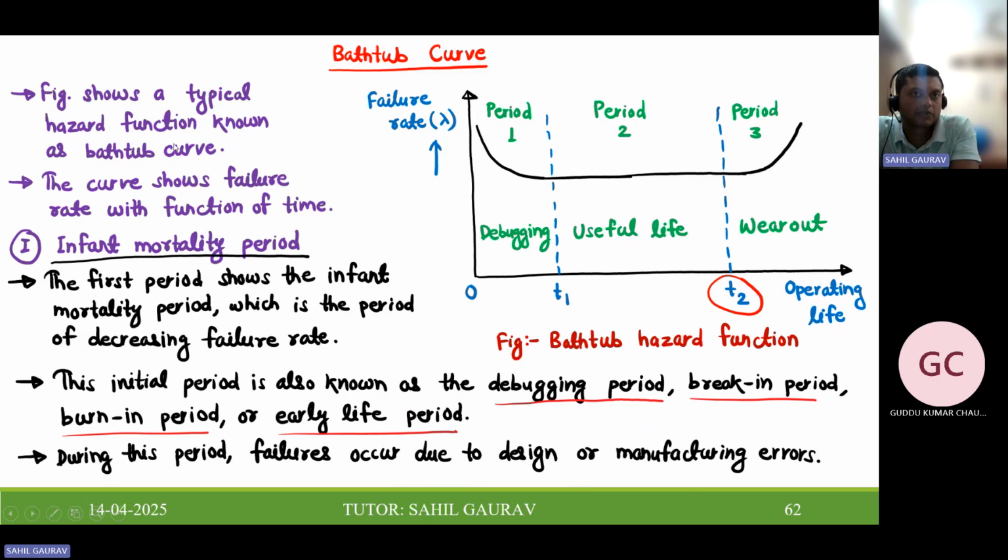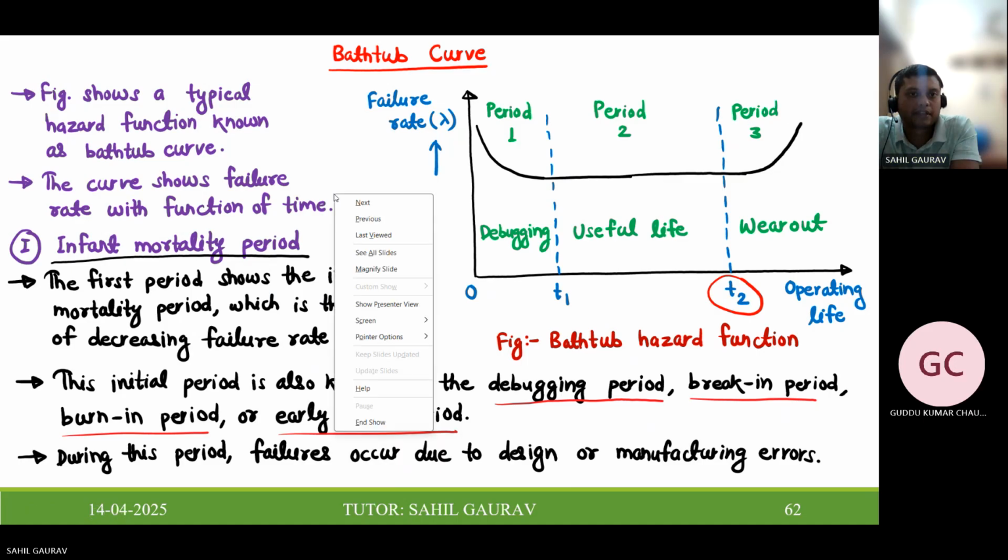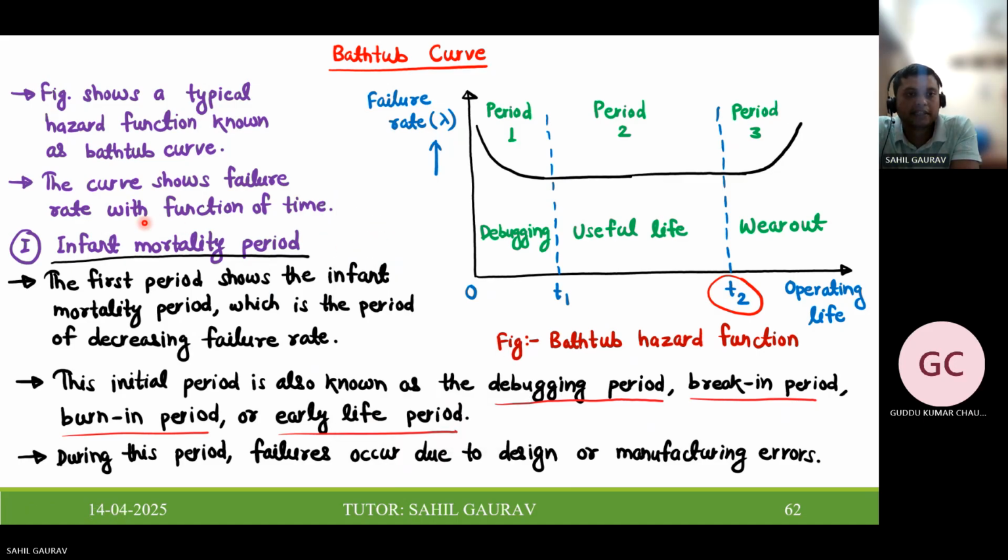And we have the concept regarding the bathtub curve. This figure shows a typical hazard function that we know as the bathtub curve, and this curve shows the failure rate as a function of time.